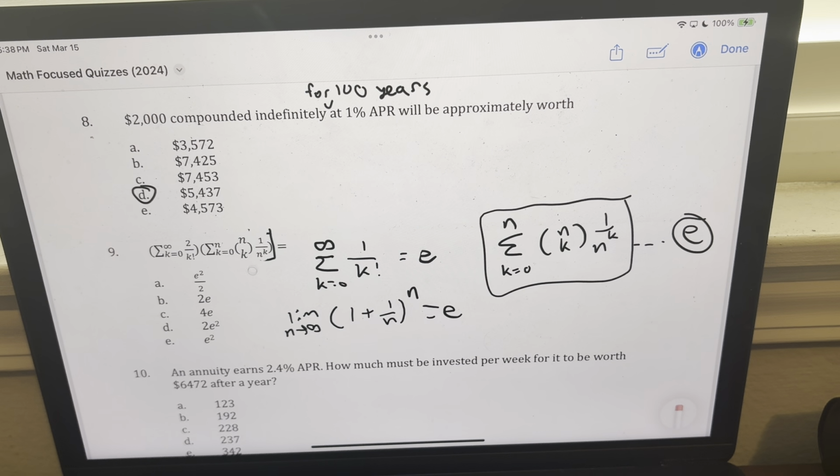So since we know that this is equal to e and this is equal to e, if we were to multiply by 2 and then multiply by 2 here, that would get us exactly what we have like this. And so this is just equal to 2e. And then this is equal to e right here. And so it's 2 times 2e times e, which equals 2e squared.